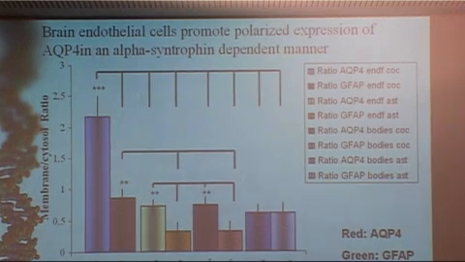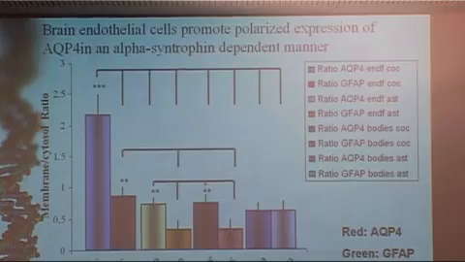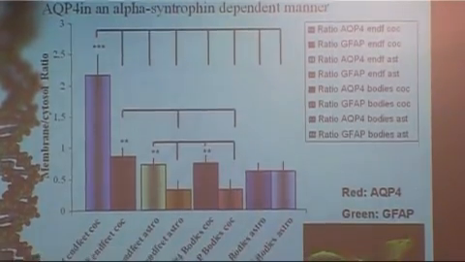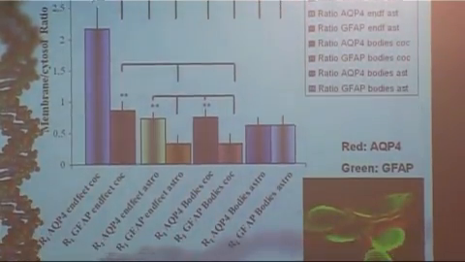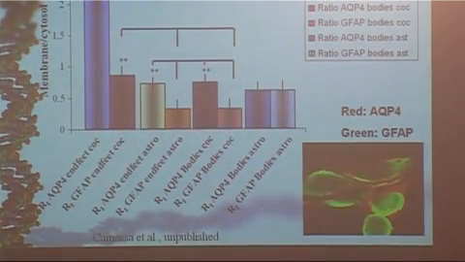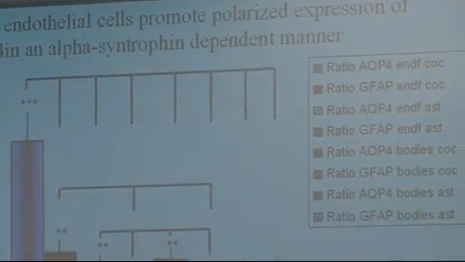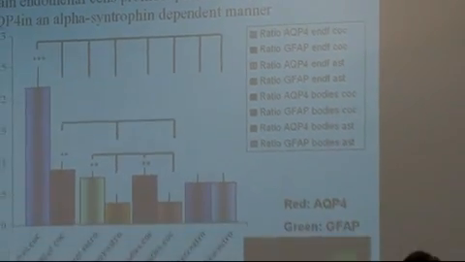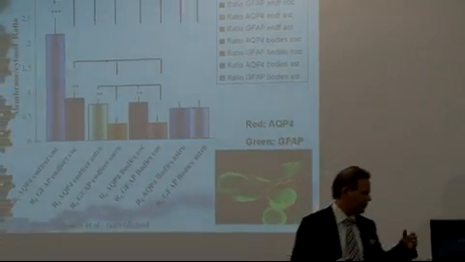So brain endothelial cells somehow induce this enormous expression of aquaporin 4 in the perivascular astrocyte membrane.